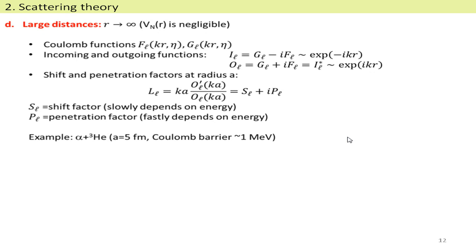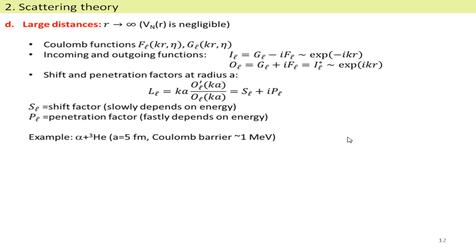And then from these Coulomb functions, you define an important quantity for the R matrix. These are called the shift S and penetration factor, which are simply related to the logarithmic derivative of function O at radius A.